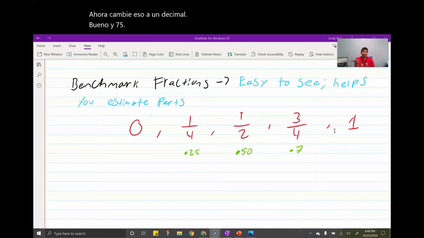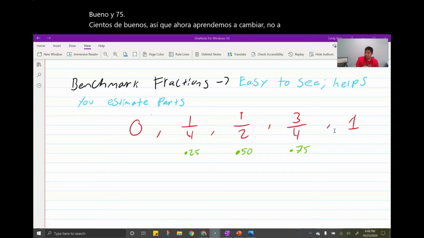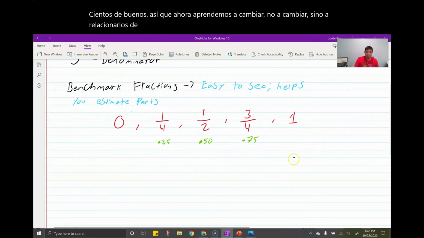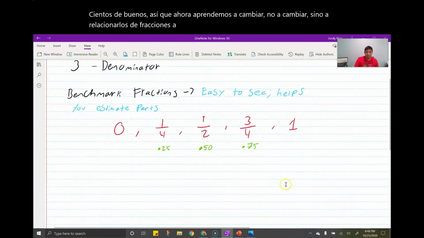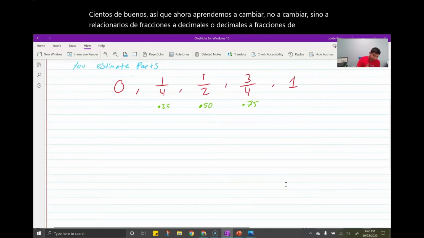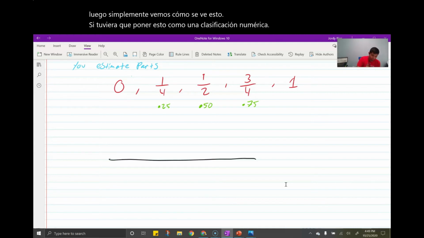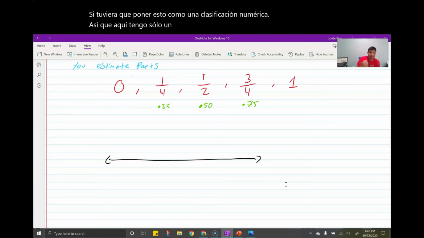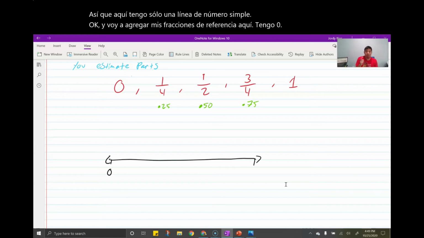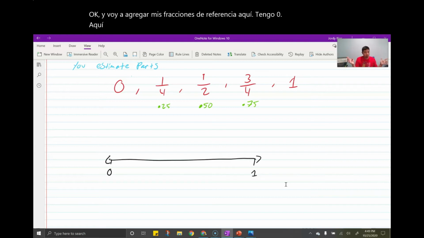So now we learned how to relate them from fractions to decimals or decimals to fractions, okay? And then just see how this looks if I were to put this on a number line, okay? So here I have just a simple number line, okay? And I'm going to add my benchmark fractions. Here I have 0, here I have 1, okay? I always start off with my ends so that I know where I'm going.